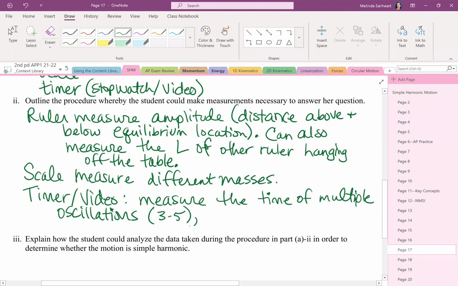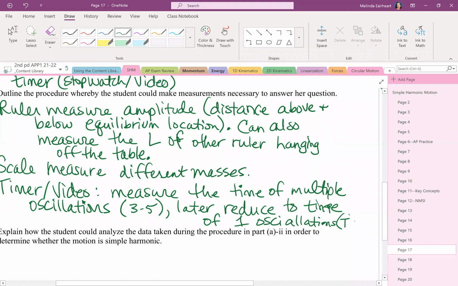And then I think we don't need to, but so we know, later you'd reduce it to the time of 1 oscillation. Because that defines what? Period, which is important to simple harmonic motion.